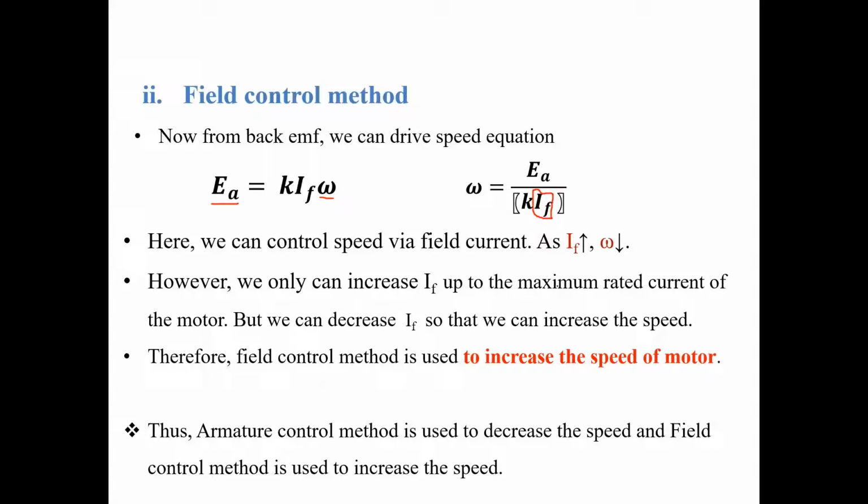As the field current increases, the speed will decrease, or as the field current decreases, the speed will increase. Now from this, again, we have a rated field current here. So there is a limit. We can decrease the field current up to 0, but we cannot increase the field current beyond the rated field current value.